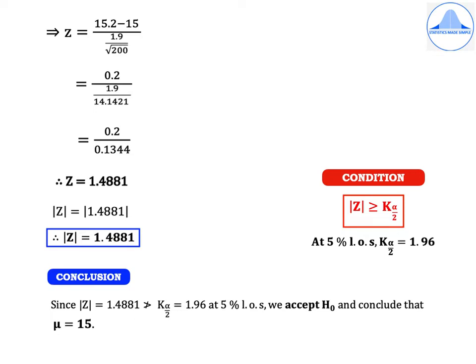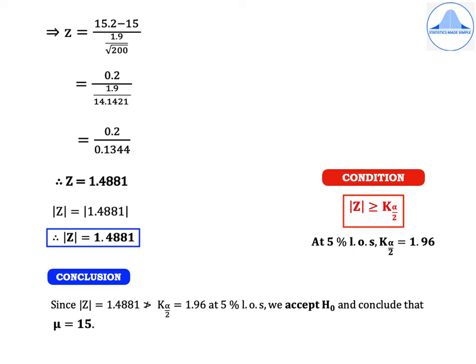So the condition for a two-tailed alternative is mod Z should be greater than or equal to K alpha by 2. So at 5% level of significance, we have to find out K alpha by 2, and from the statistical tables or the tables which I have provided in my previous video, you know that K alpha by 2 is 1.96. Under the condition, also write at 5% level of significance the value of k alpha by 2, which is 1.96.